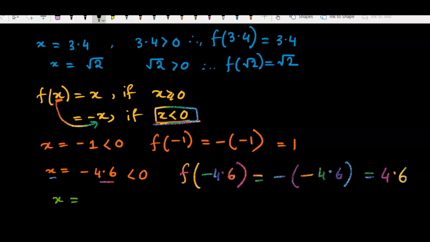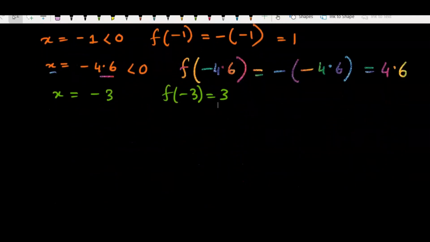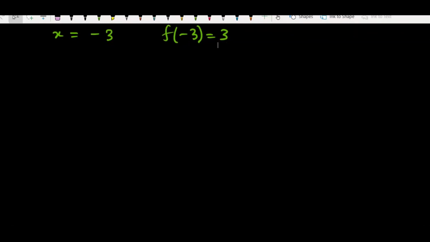Similarly, when x is minus 3, f(minus 3) is equal to 3. So observe one thing: by this absolute function we only get the positive values. So absolute function always gives us positive values. f(2) will be 2, and f(minus 2) will also be 2.